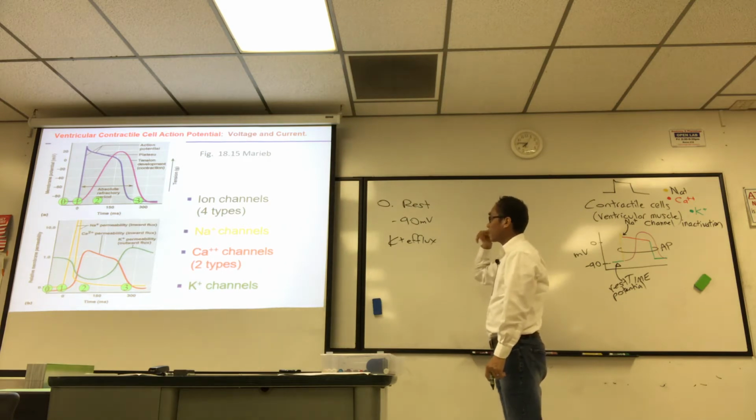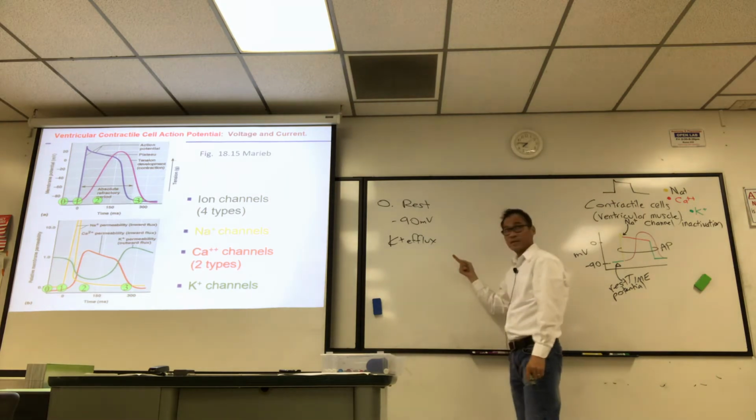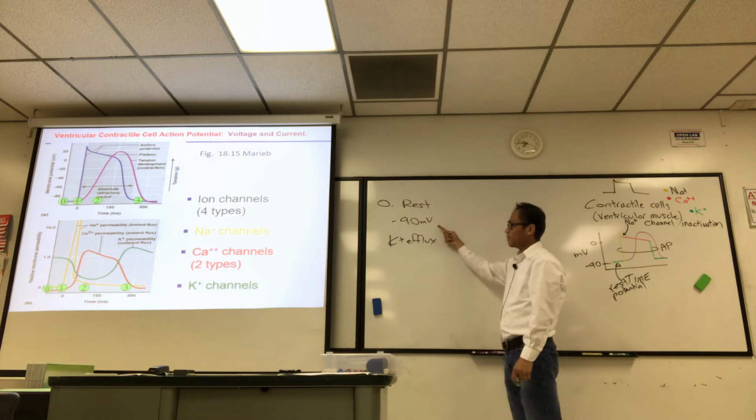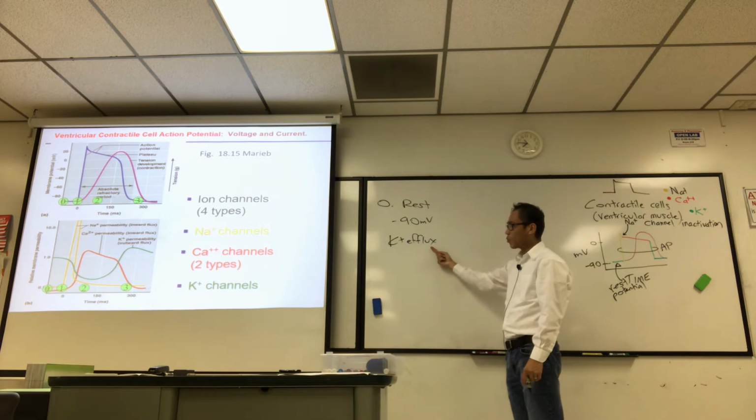Does that make sense to you? Positive leaving the cell, the membrane potential is negative. So I'm trying to teach you why the membrane potential is -90. Don't just memorize it's -90. Memorize it because the cell is more permeable to potassium in the condition of rest. Okay, that's the key.